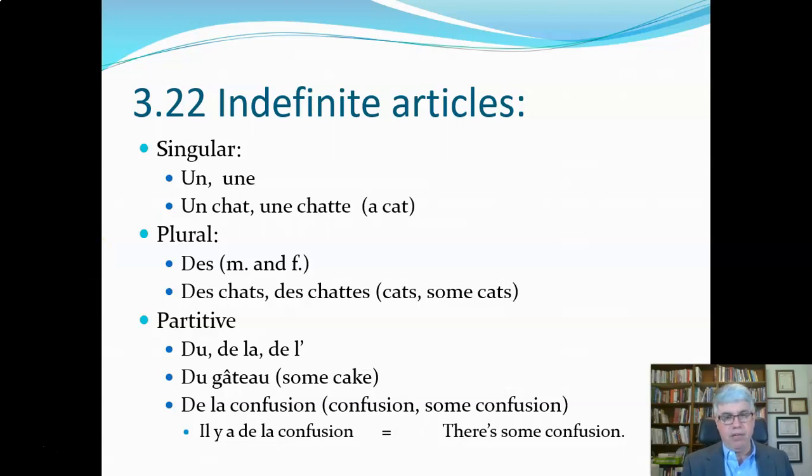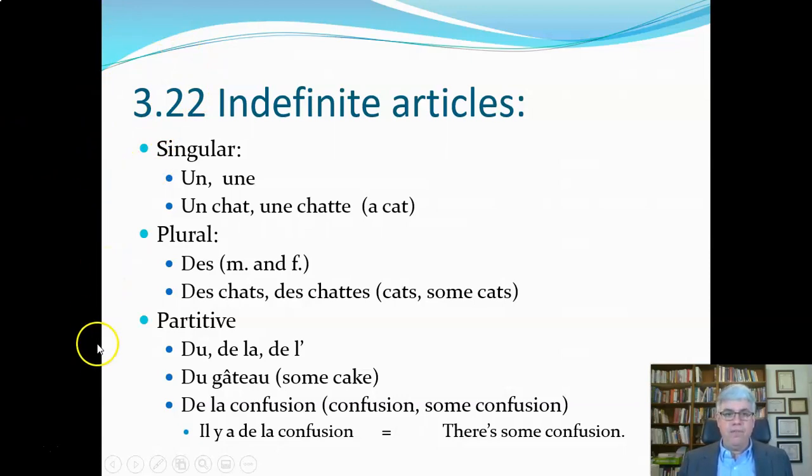Either one of those can be translated as cats or some cats, depending on the context. We have two ways of saying an indefinite number of cats. We can say either cats or some cats, or female cats or some female cats. So that's the plural.